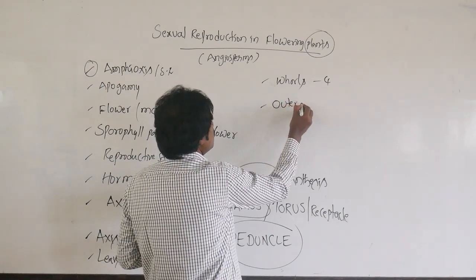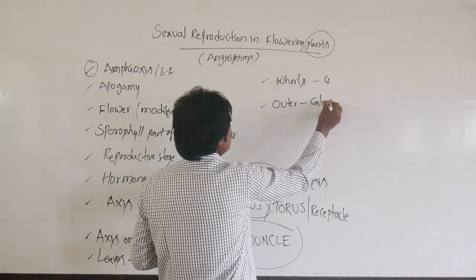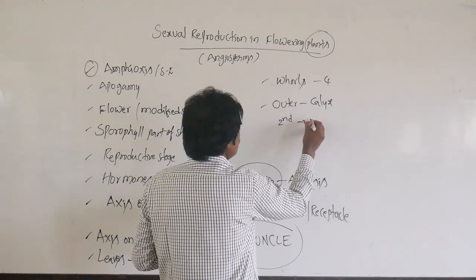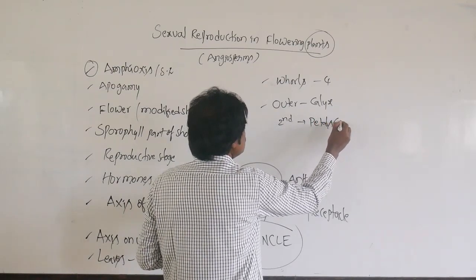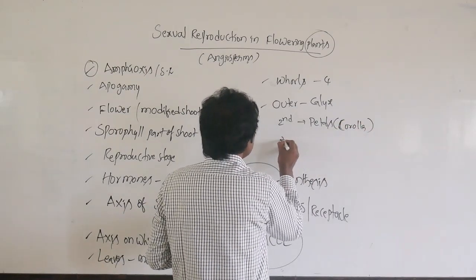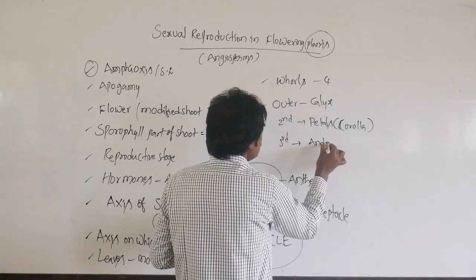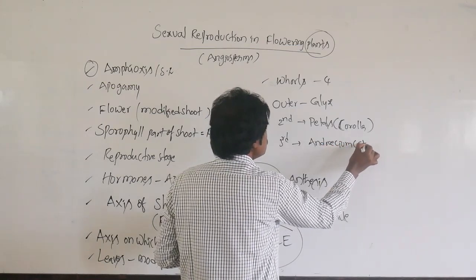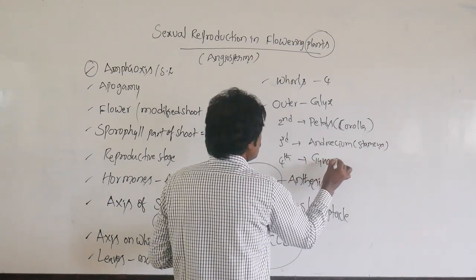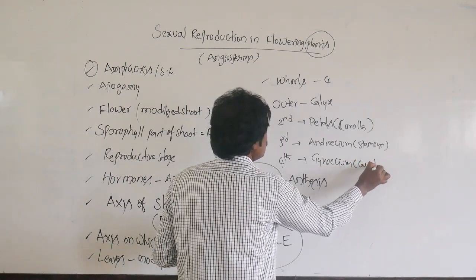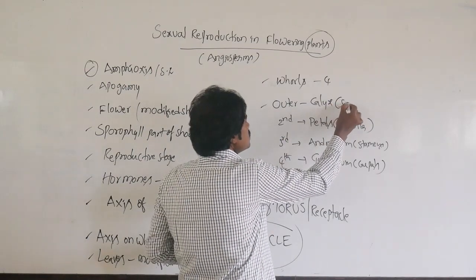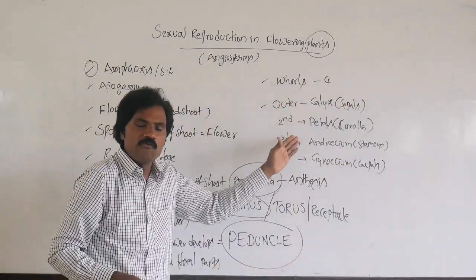The outer one is the calyx, made up of sepals. The second whorl is the corolla, made up of petals. The third whorl is the androecium, and the fourth whorl is the gynoecium. These are the 4 whorls.